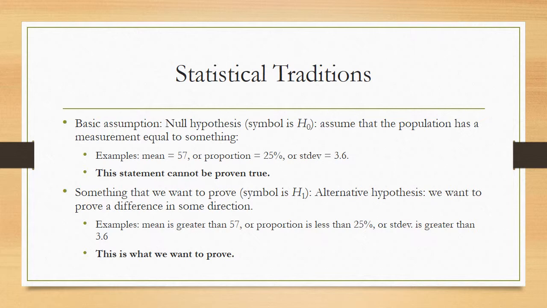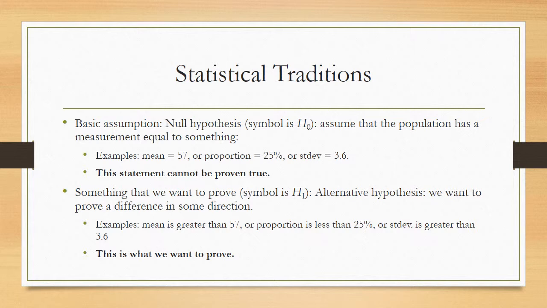A sample is not accurate, so you cannot prove equality. But what we can do, this is the power of hypothesis testing, is that we can prove a difference. We can say, with a certain amount of confidence, the population measurement is either greater than or less than the number, some kind of standard number that's been set for us.